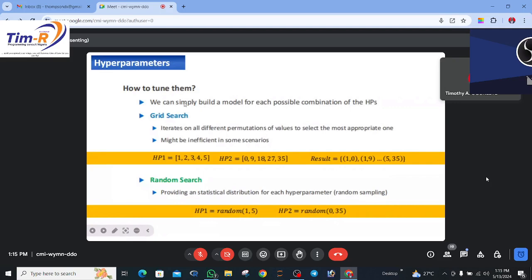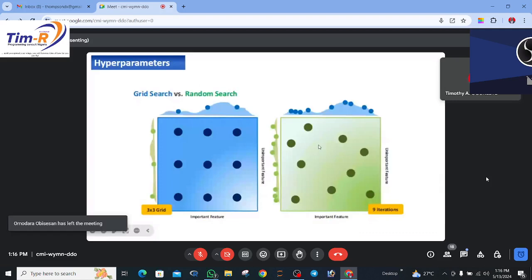So now we want to compare grid search versus random search. The one in blue is grid search, while the one in green is the random search. The grid search creates a grid whereby it takes note of the important features, and that helps us to also pinpoint the unimportant features as well.